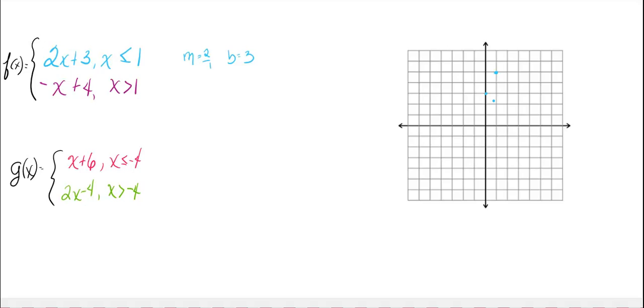That's really not enough, so I'm going to fall 2 and go left 1, fall 2 again, and go left 1. And let's see if I can draw a straight line on this. I'm going to pretend like I can draw. Oh well, it clicked to straight. Okay, so that is the first part of this piecewise function.